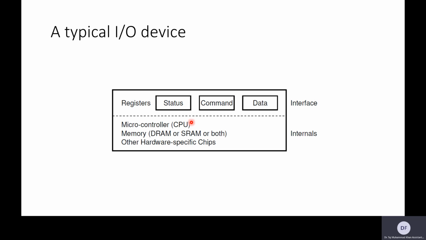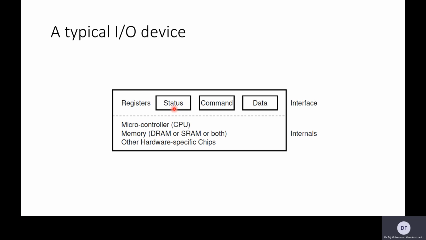There can be many registers in an interface, but we can broadly classify them into three categories. One of them is the category of status registers. Status registers have some flags which indicate the state of the device.